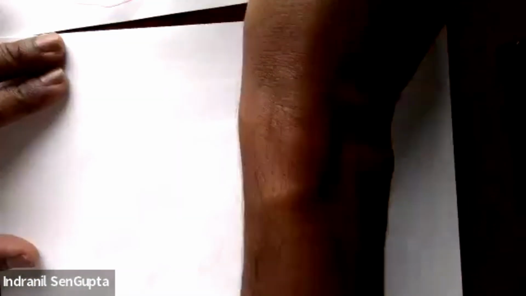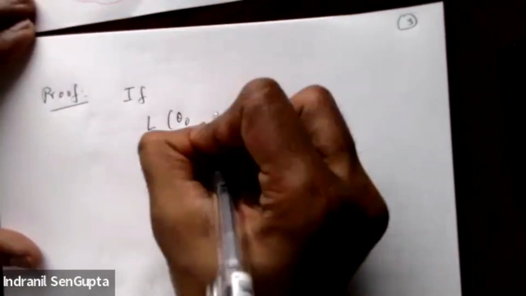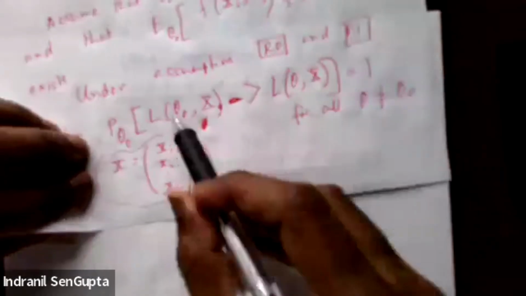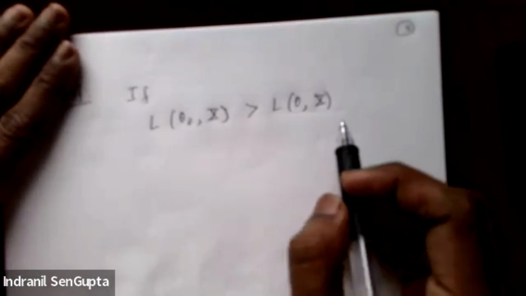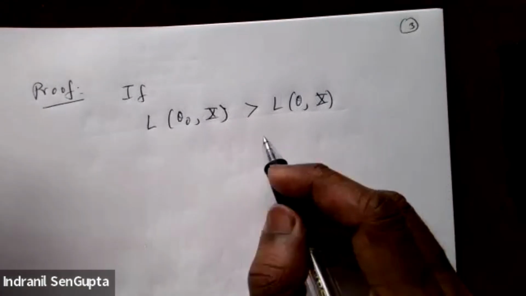So let's see what we have to do. Proof. If L of theta 0 x is bigger than L of theta x, let's see what it means. Suppose I take the logarithm of both sides.